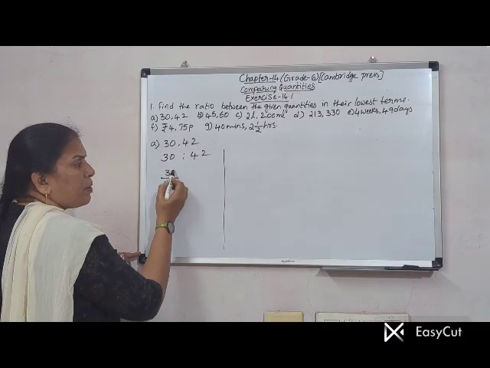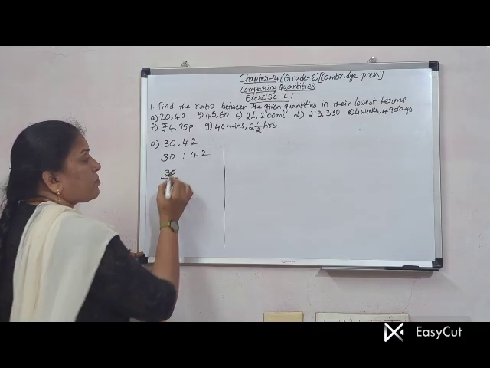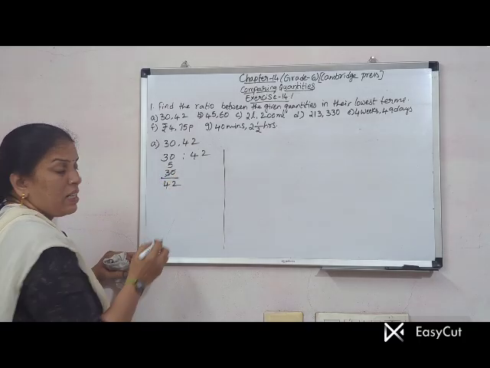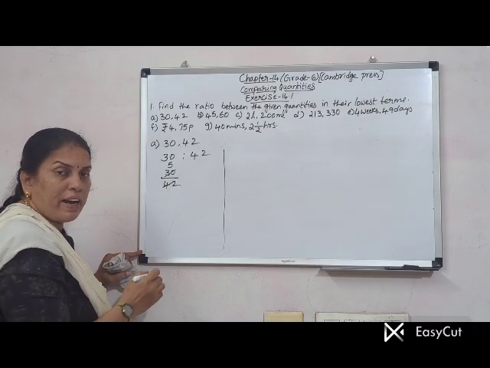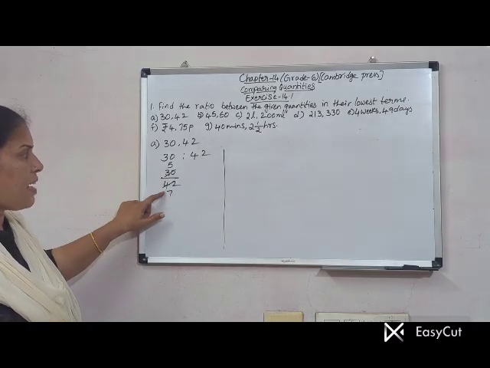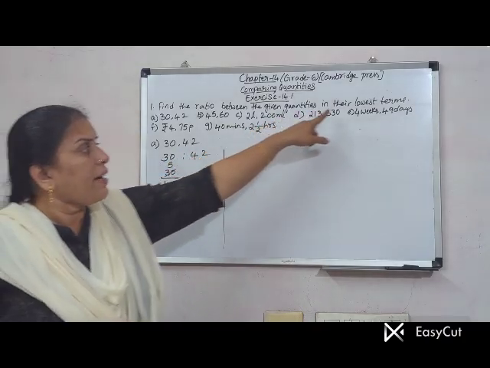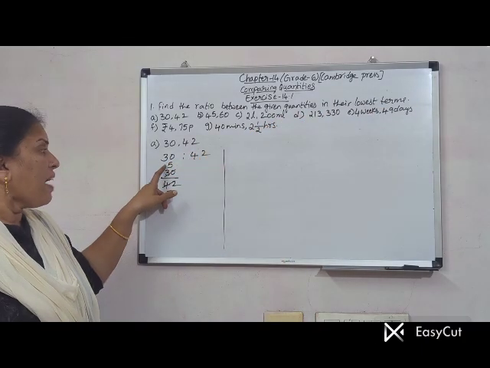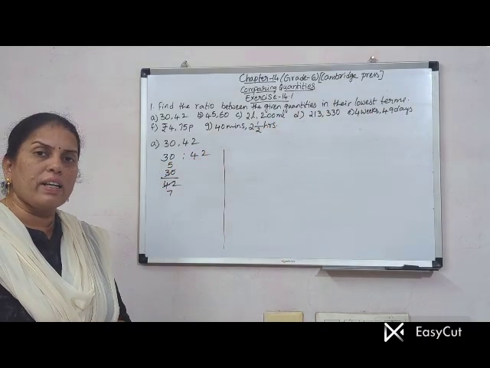6 table, 30: how many times will it divide? 6 5s are 30. 6 table, 42: how many times does it divide? 6 7s are 42. See here, 5 and 7. They told us to write in lowest terms. 5 and 7 are the lowest terms.